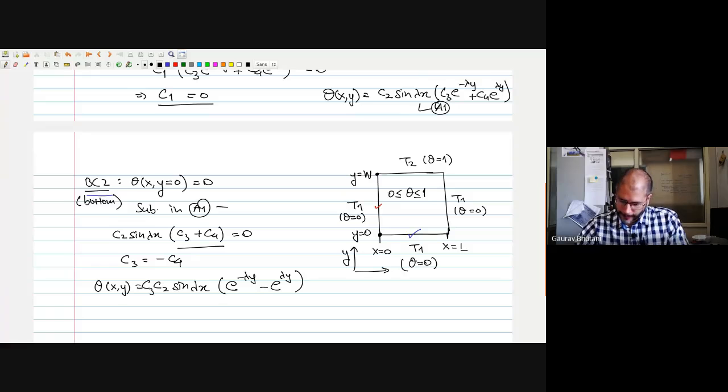Okay, so this is the updated expression for theta that we have now. You can see that we have C2 times C3. So that's a product of two constants. So now we can call that another constant, which I'll just call C for simplicity. Is that clear?